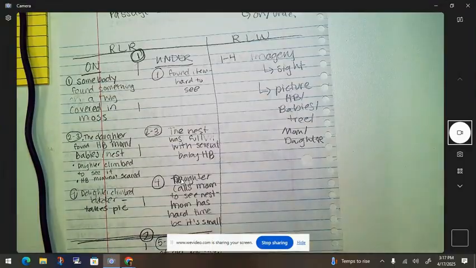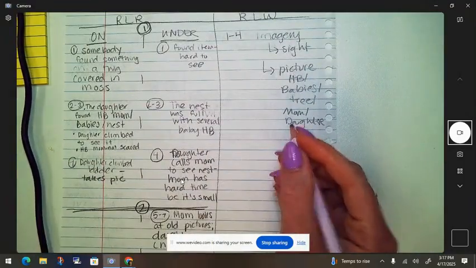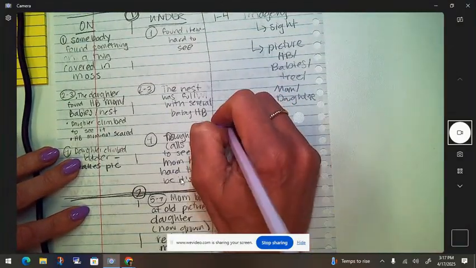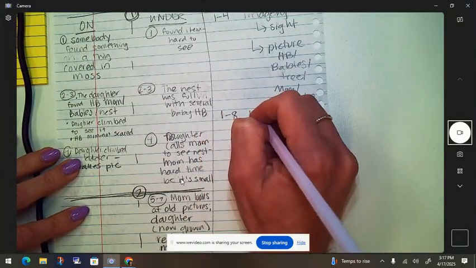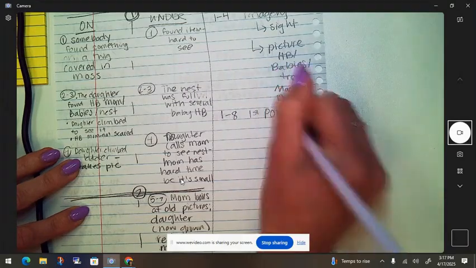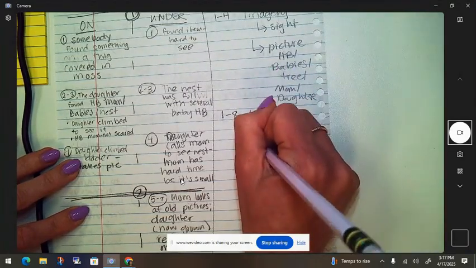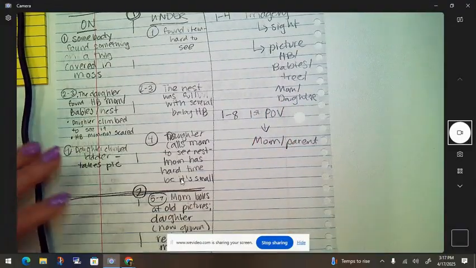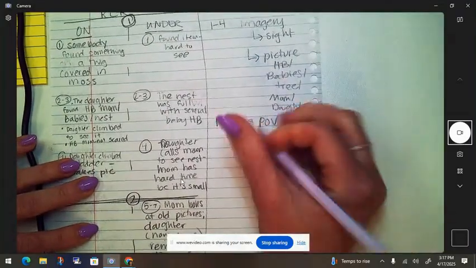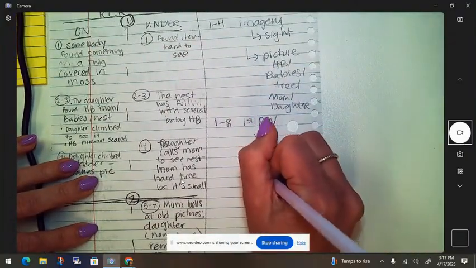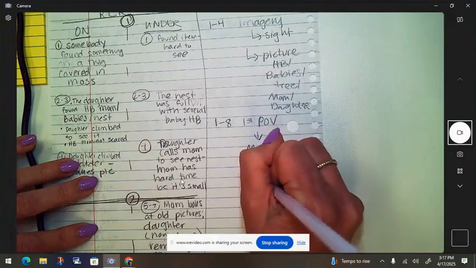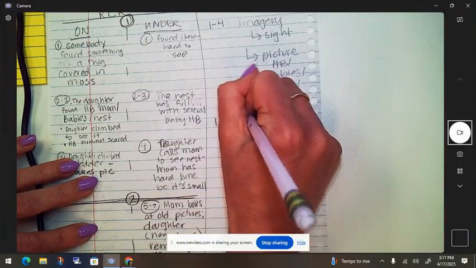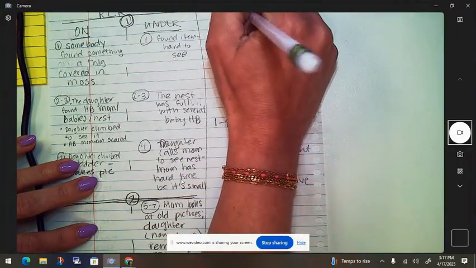The other thing, across the whole text, was the first person point of view, but it being the mom or the parent. And that just lets us see the parent perspective. So that's kind of cool. That's probably why the author did it. And that's one of our literary devices, if you like labeling these like we did this year.